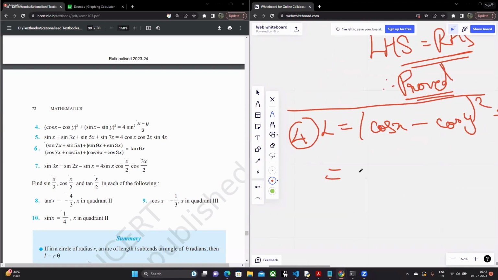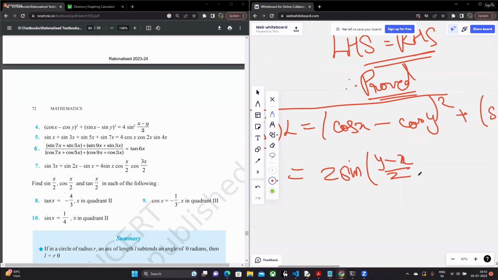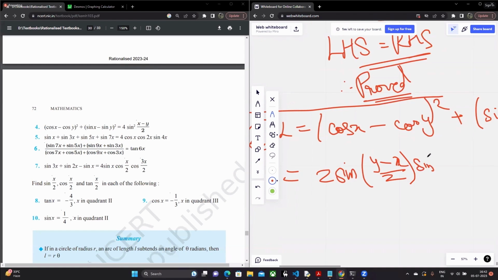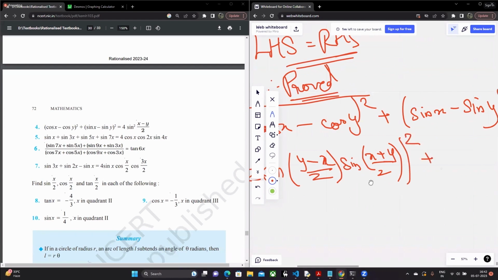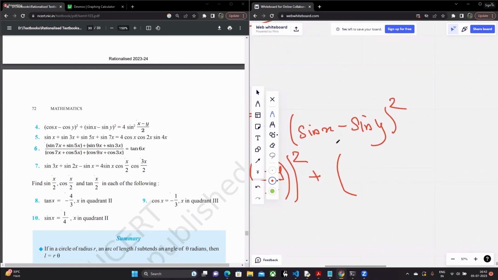Right? Which is going to be 2 sin of (y minus x) by 2 sin of (x plus y) by 2 the whole square. Plus this is going to be 2 cos (x plus y) by 2 sin of (x minus y) by 2 the whole square.